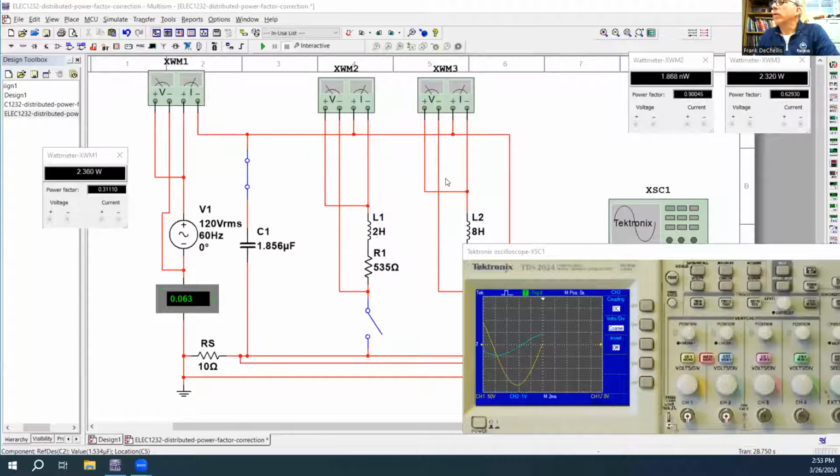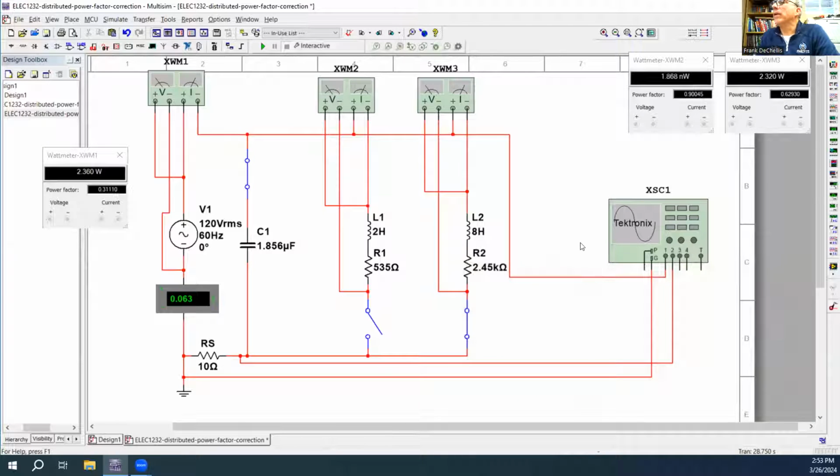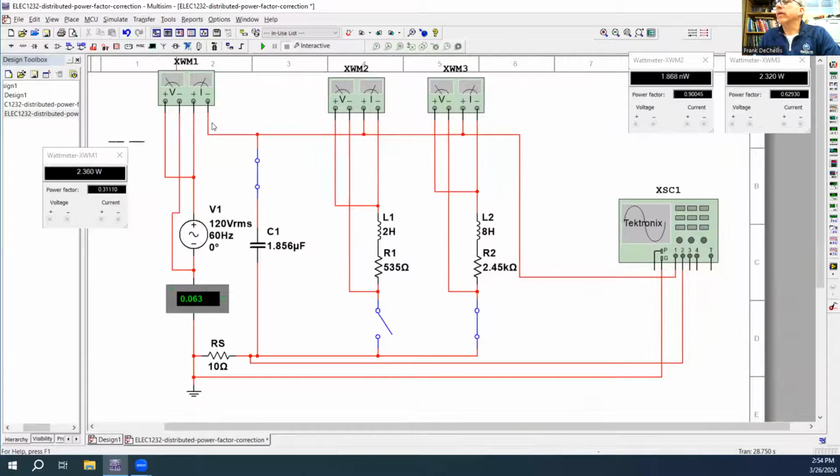So we're back here. I'm just going to get rid of the scope for a second, it's getting in the way. So we need to put a 1.534 microfarad capacitor across this load. So let's put that in there. Capacitor there.